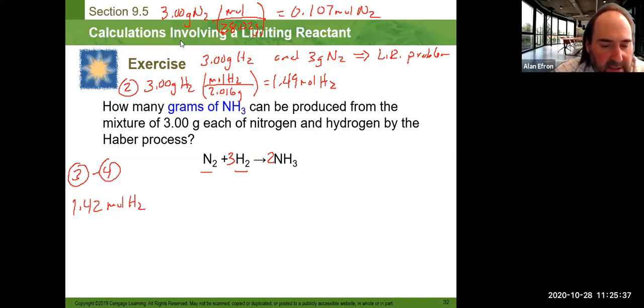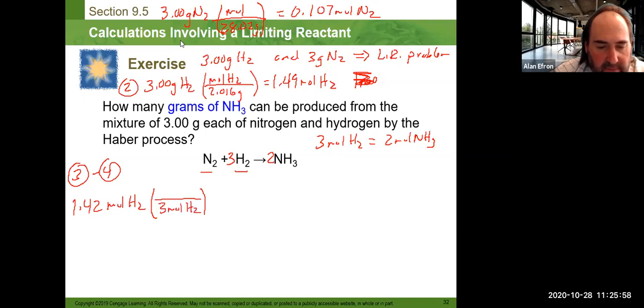So from the equation, we see that for every 3 moles of H2, there is 2 moles of NH3. So that's what we're going to do next. For every 3 moles of H2, there is 2 moles of NH3.